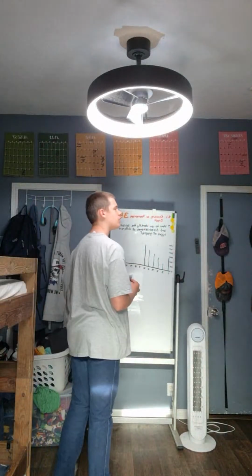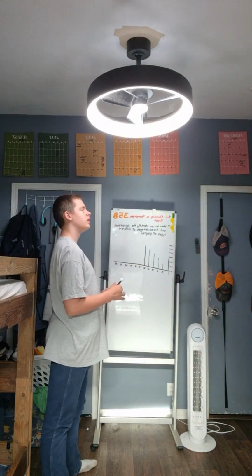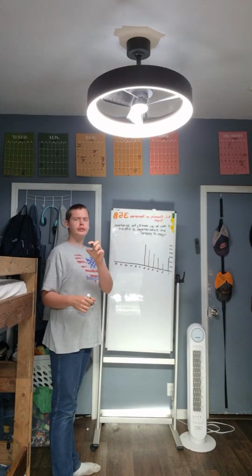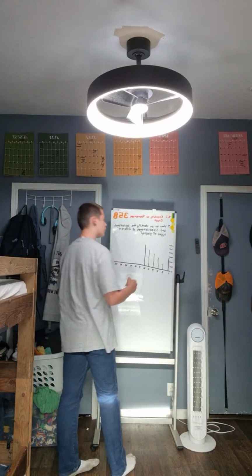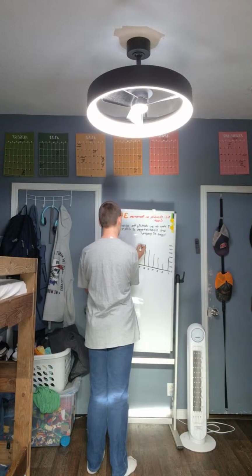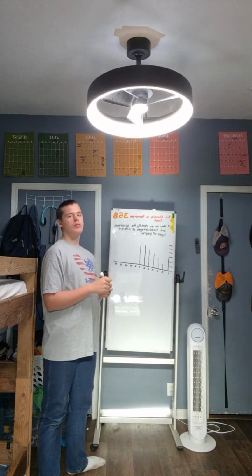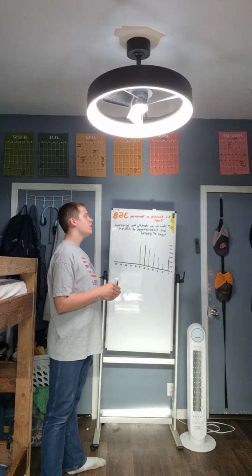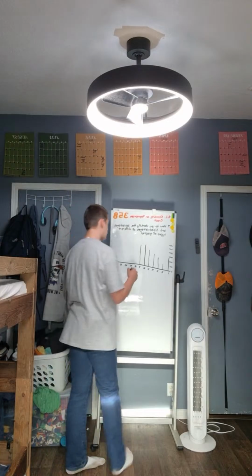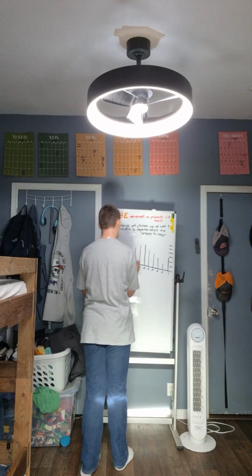July is not as close to 1,000, but it's a little closer to 1,000, and it is over 800. August is just 800.